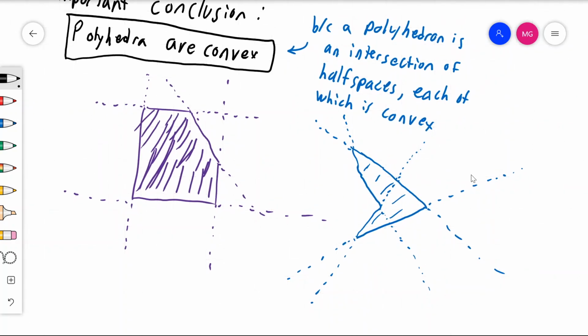In contrast, this other one that we showed wasn't convex. What's going wrong is, as you can see, for instance, this constraint here corresponding to this line. In principle, if it were going to be a polyhedron, in other words, if I could realize it as the feasible region of some linear program, then I'd be writing it as a less than or equal to constraint, but that would mean that all the points would lie on one side or the other of this line.